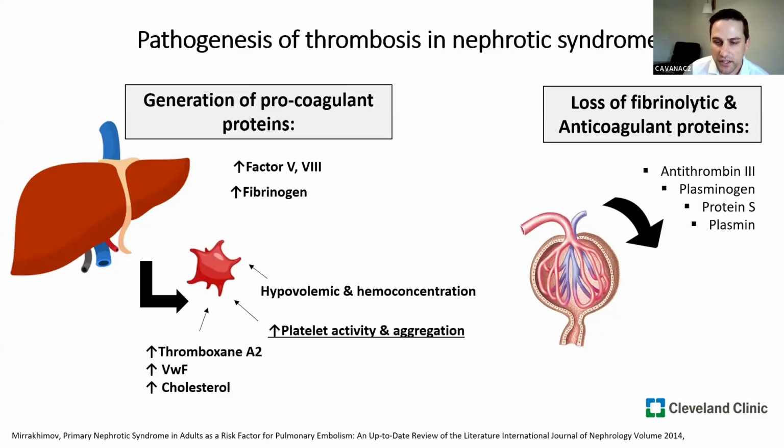Simultaneously, in nephrotic syndrome, we're losing anticoagulant proteins. Probably most discussed would be antithrombin III, but also we're losing things like plasminogen, protein S, and plasma. So putting that together, it's the production of procoagulant and loss of fibrinolytic and anticoagulant proteins that seem to drive the pathogenesis of clot in nephrotic syndrome.